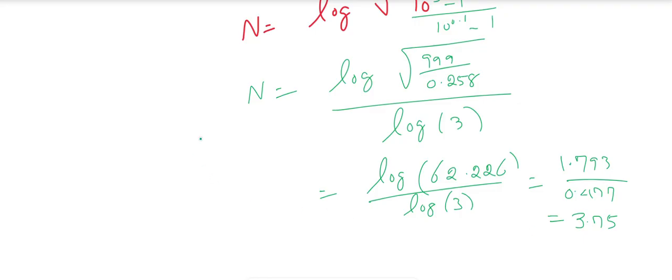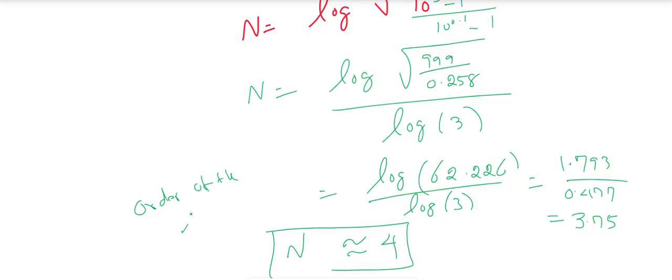So rounding off, which is approximately equal to 4. N is equal to 4. So this is the order of the filter. First you need to find out the order of the filter, then form the analog transfer function, then convert the analog to a digital transfer function.